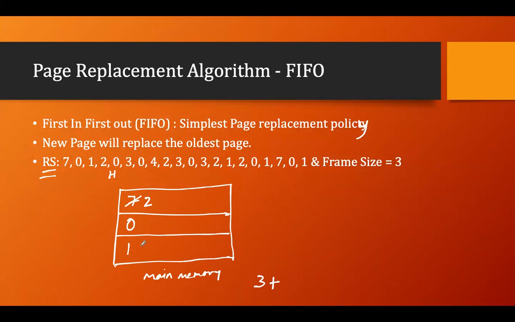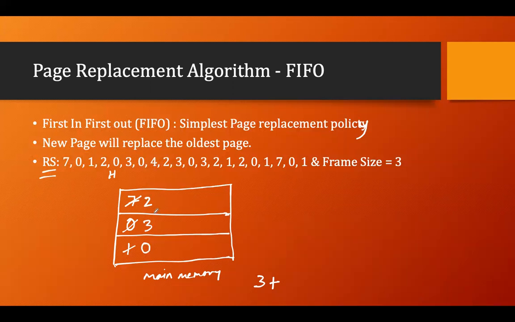The oldest one is 0, so we take 0 out and put 3. After putting 3, it again requires 0, so which one do we replace? We replace this, because this is the oldest one, and 0 will come.